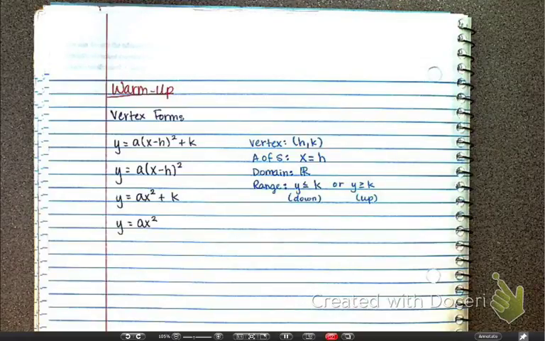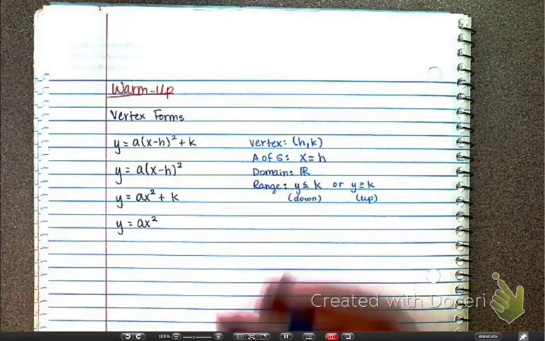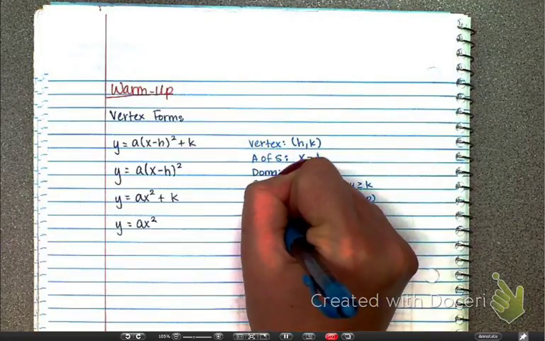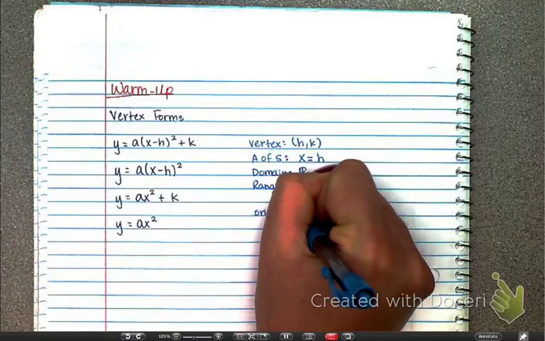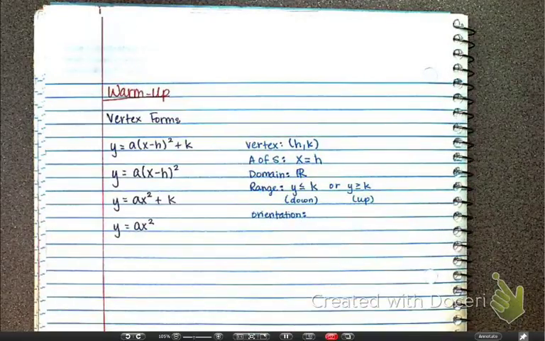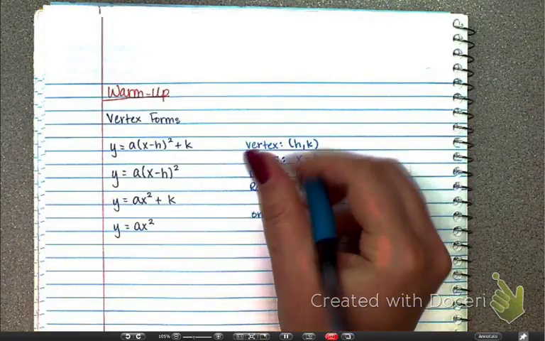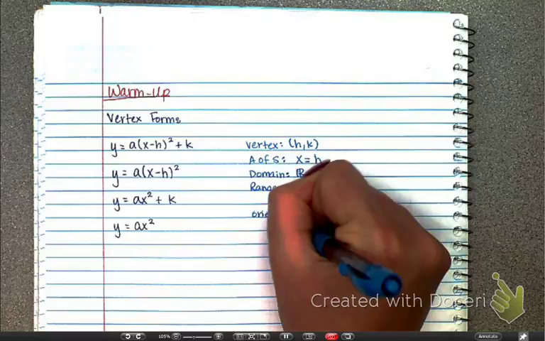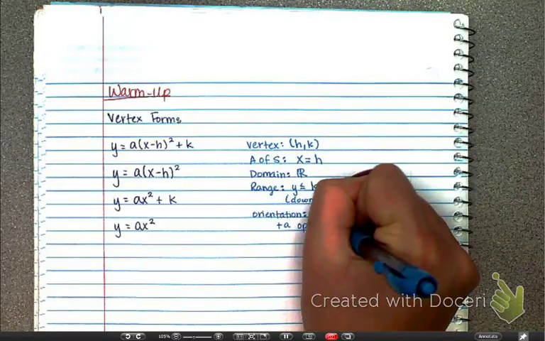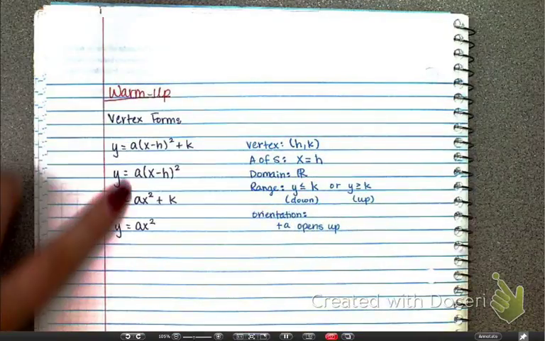Orientation. A couple periods had a huge issue with orientation. So orientation tells you if your graph opens up or down, right? So it opens up when a is positive. And you'll notice where a is located on all of these.